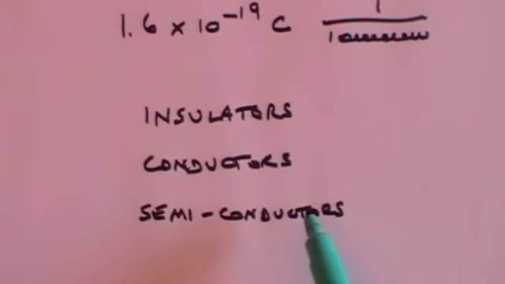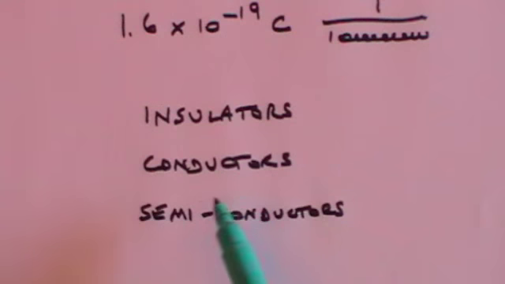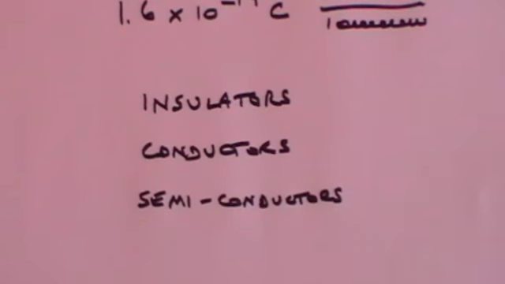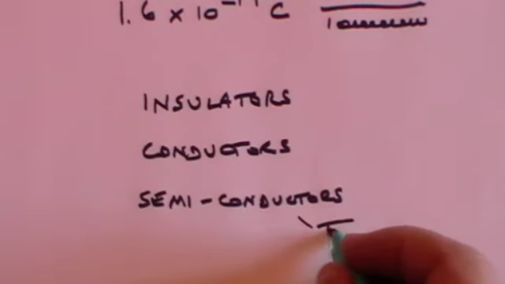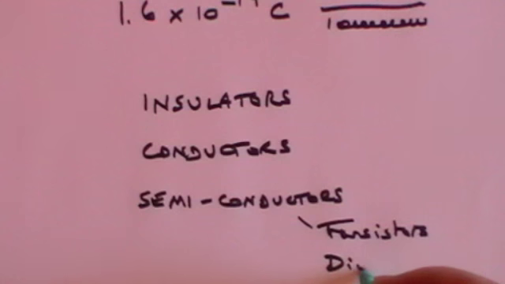What that means is that electrons can flow through semiconductors, but not as well as they flow through conductors. Very many fewer electrons are able to flow through semiconductors. And it's the nature of semiconductors, which we may come on to a little later in this series, that gives rise to things like transistors and diodes.